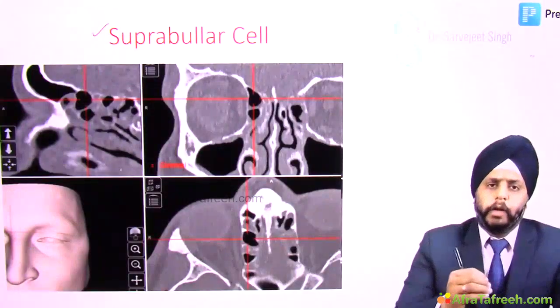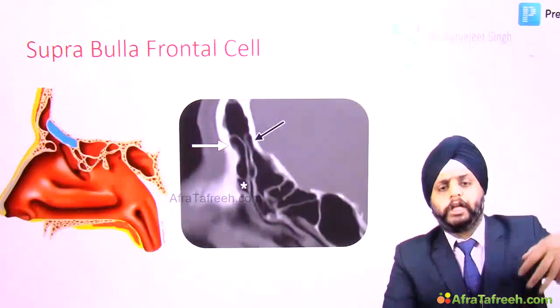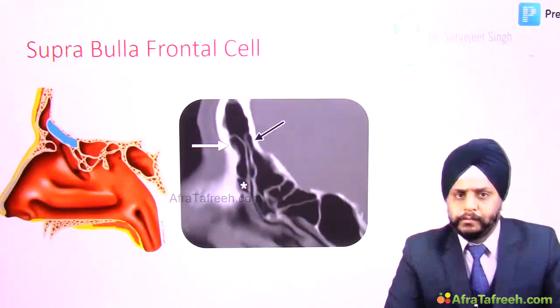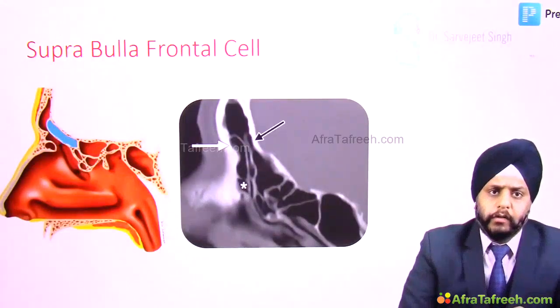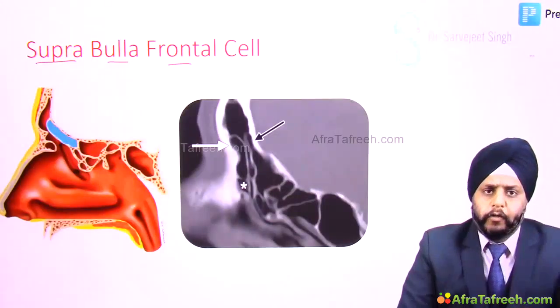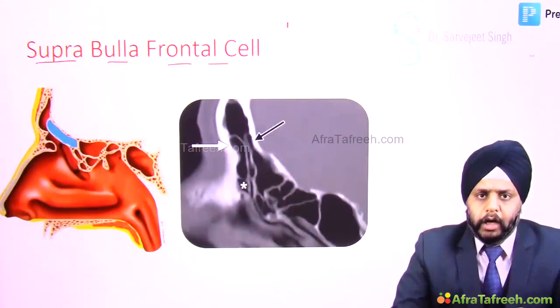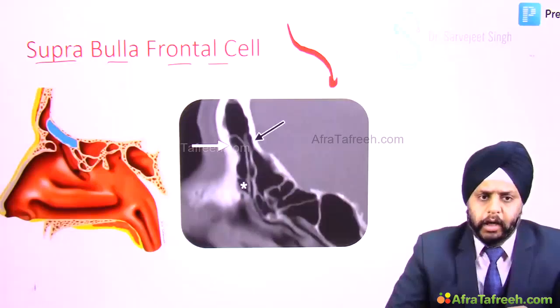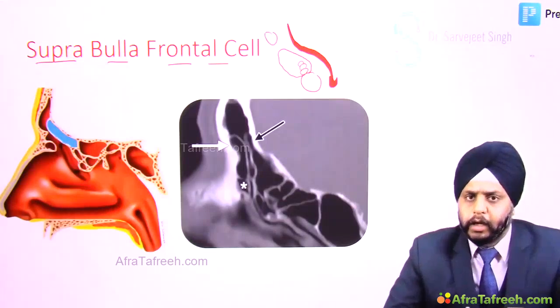Now this suprabullar cell, we can have another cell, it may extend into the frontal sinus. So it may extend in the frontal sinus. So now it is known as the suprabullar frontal cell. So once again, you see over here we have the drainage pathway, and we have the agger nasi, the supra-agger cells, the supra-agger frontal cell, and we have the Lothrop cell.